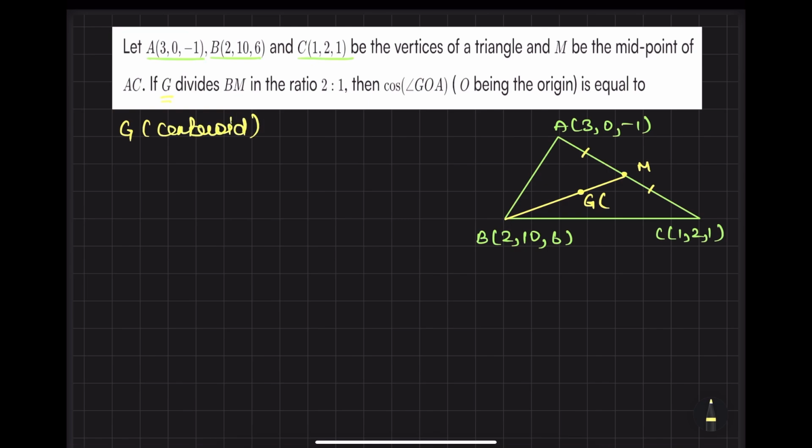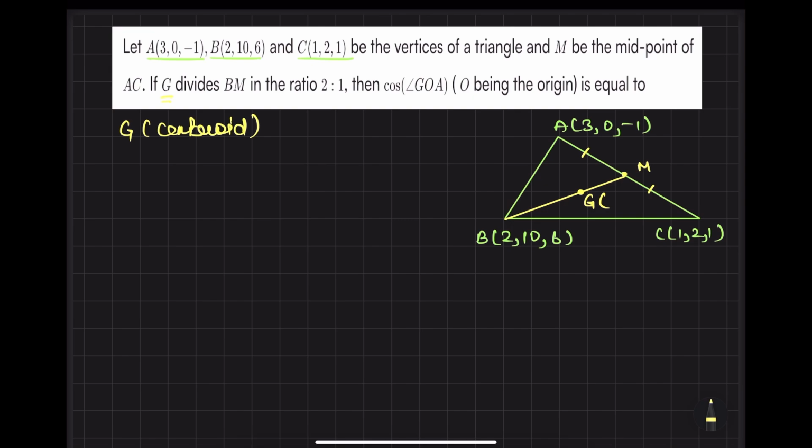If you consider any median, a median is the line passing through a vertex which divides the side in front of it in a 1:1 ratio. A straight line passing through the vertex of the triangle that divides the side into a 1:1 ratio is a median.